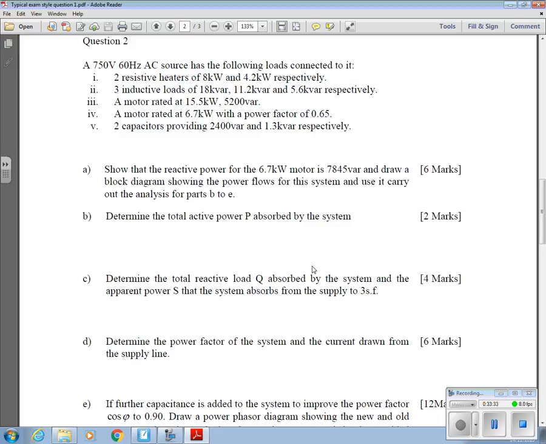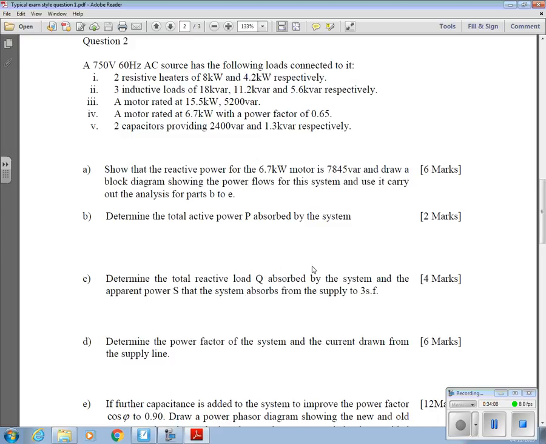So how are you going to tackle part A? Yeah, but the first part of the question is asking you, because for the second motor you've been given the power in watts, but you haven't been given the Q that's being drawn from the supply.